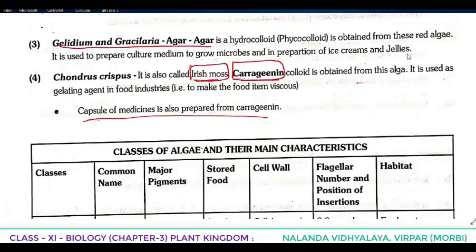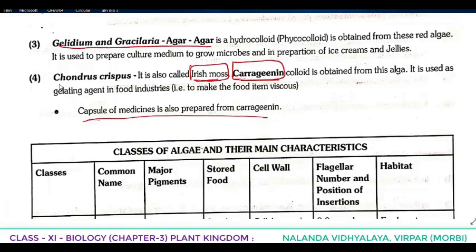Once again, Gelidium and Gracilaria, or agar. Agar is a hydrocolloid or phycocolloid which is obtained from these red algae, used to prepare culture medium and in ice creams and jellies.